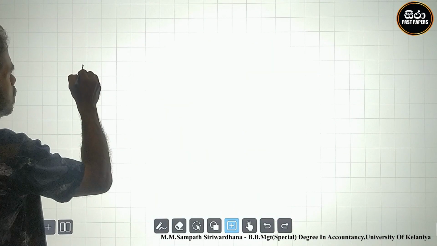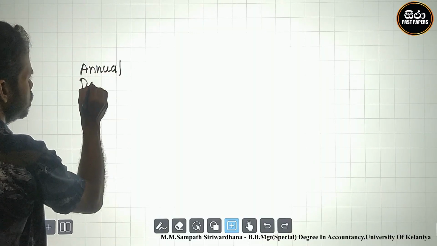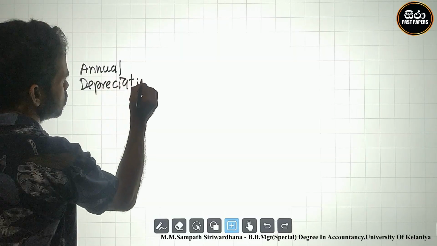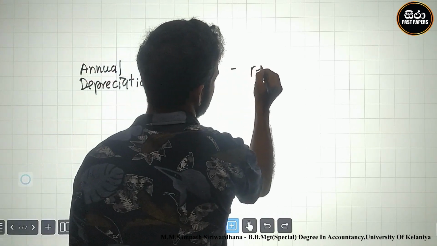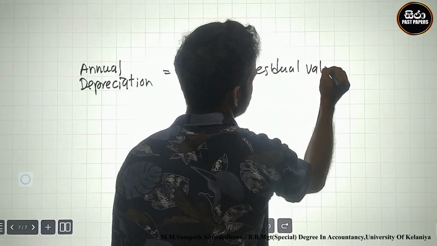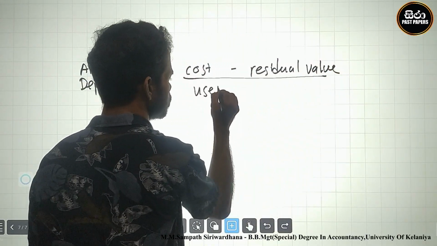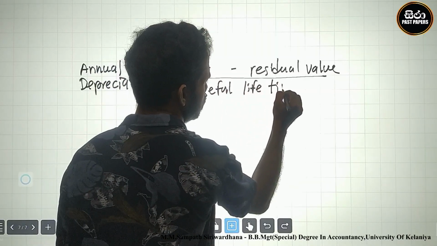Look here, annual depreciation is cost minus residual value, divided by useful lifetime.